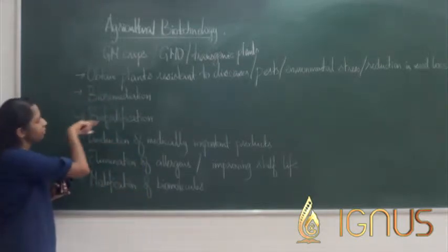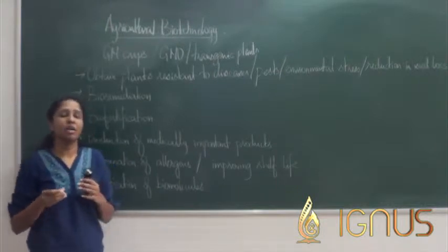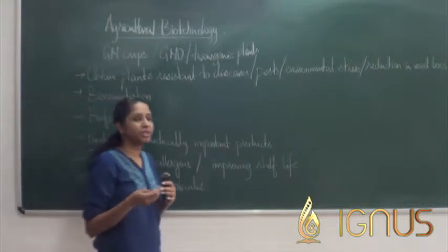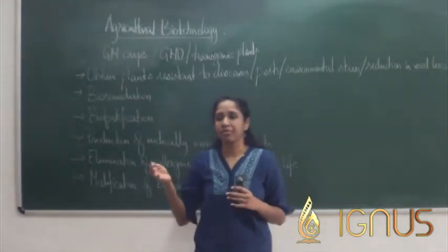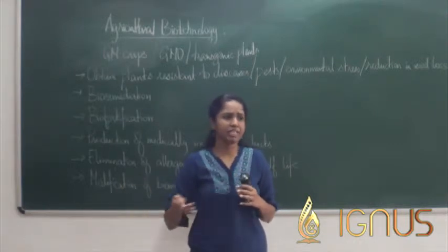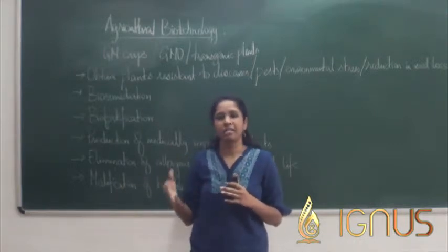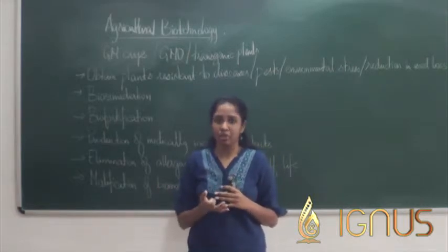Another thing that can be done is bioremediation. Bioremediation is when crops are used to take out toxic substances from the soil. For example, let's say that there is a high salt concentration in the soil and you want to get rid of it.